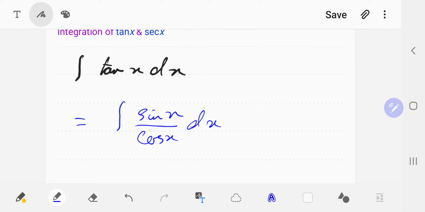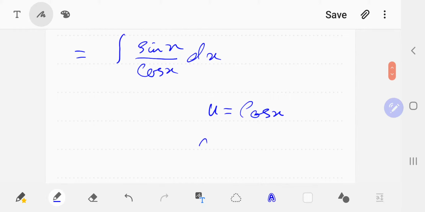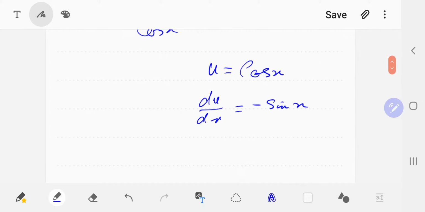Now, it looks like rational functions and denominator is not linear, so I will go with the assumption u equal cosine x. So du over dx is equal to negative sine x, which means dx is equal to du over negative sine x.